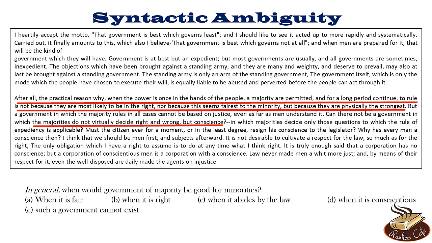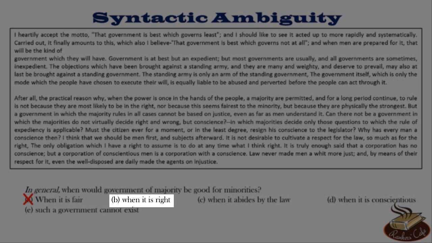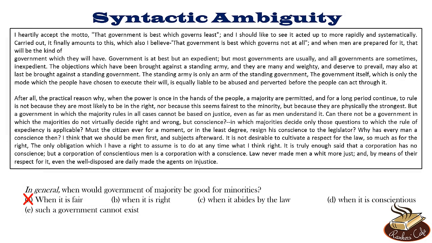Although the passage indicates that fair is not the rule of the majority in general and implies that it could be the rule of conscience, yet this option choice doesn't suggest anything of the sort. It leaves fair undefined, therefore it is wrong. Option B has a similar problem. When is something right? Or what decides the nature of right? Majorities, conscience, or something else? Thus, this option choice is inadequate as well.